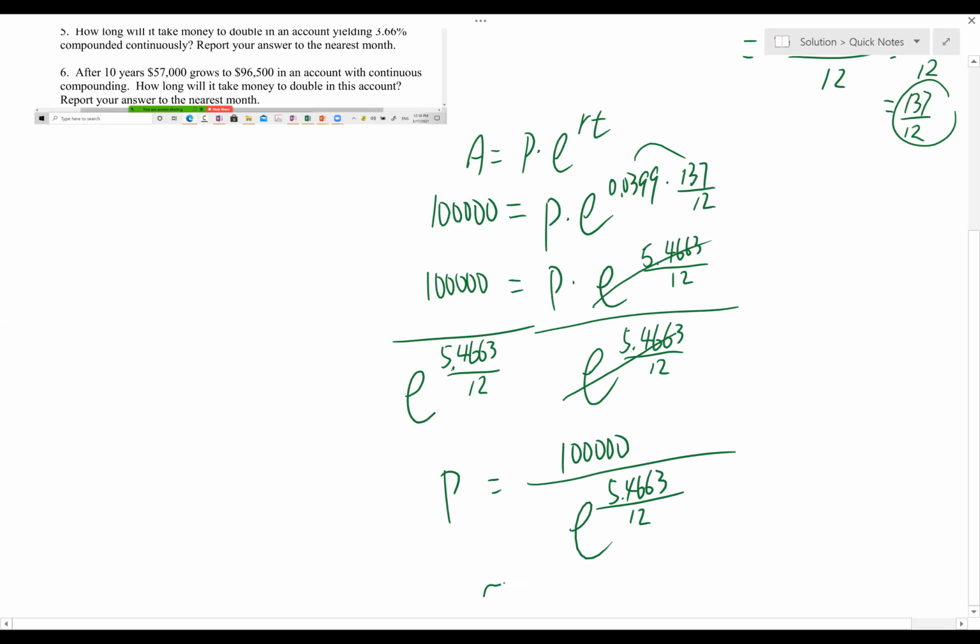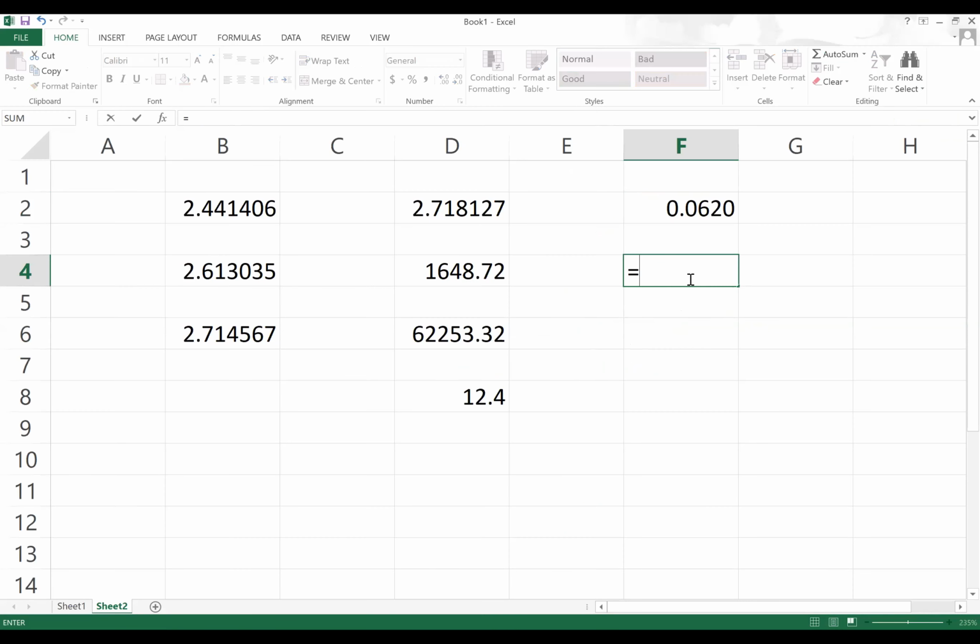And let's see what the present value is by putting it into Excel. So it's 100,000 divided by EXP of 5.4663 divided by 12. And that should give us the result. Just hit enter.